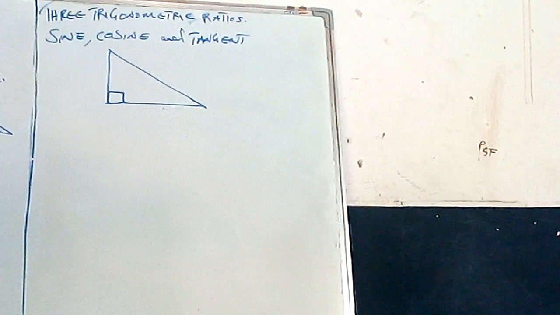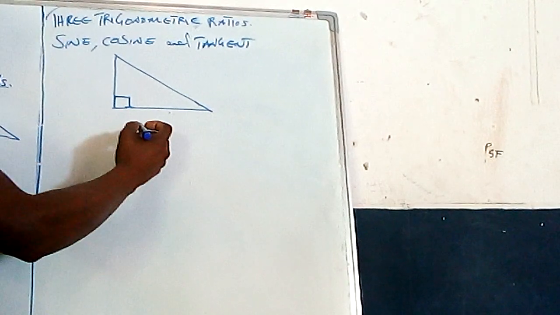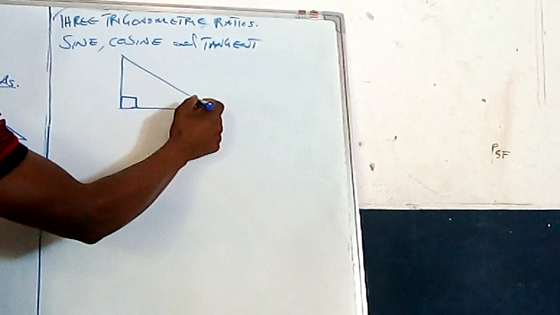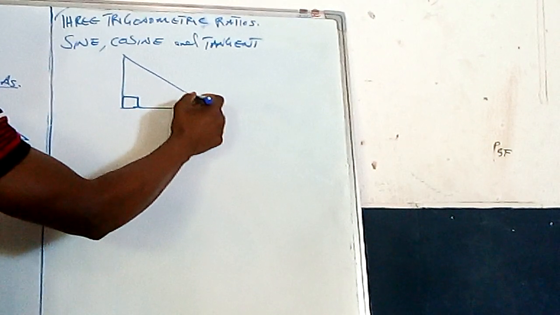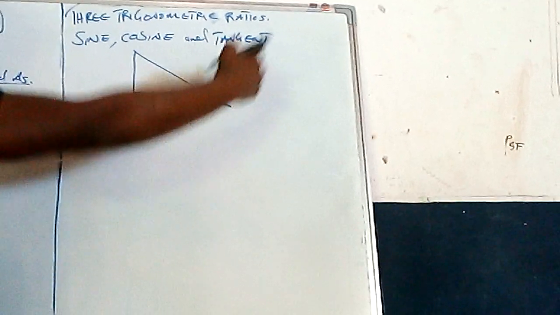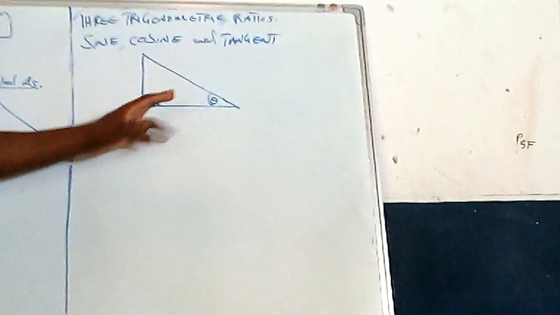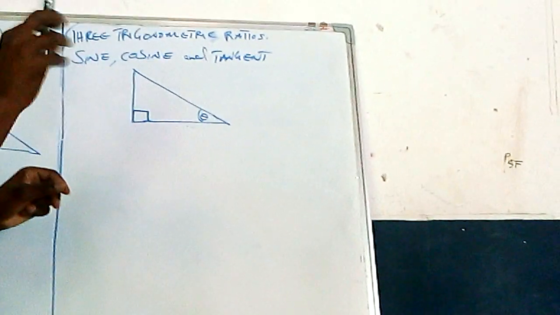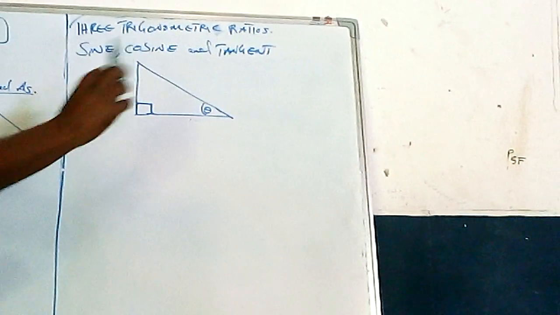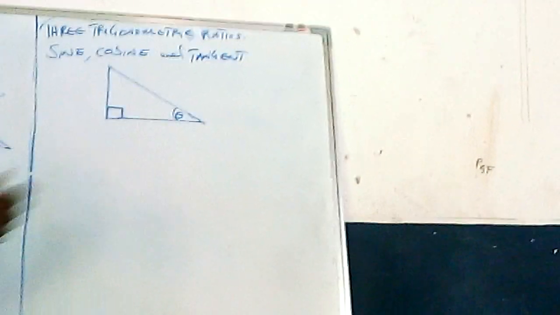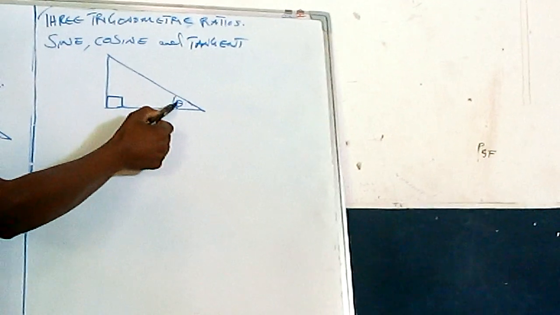For example, if you have an angle, I'll abbreviate it using this symbol here. This is a theta. Theta is a Greek symbol that we use to denote angles. So this is the angle, and these are sides.